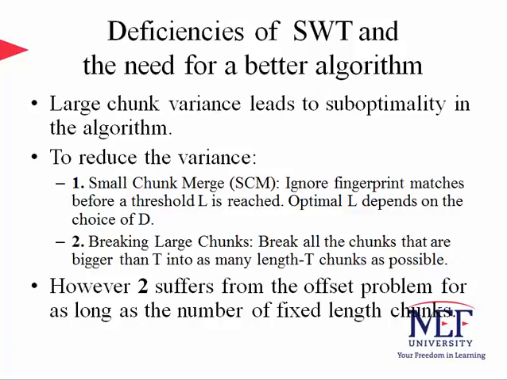The optimal L depends on the choice of V. A second and complementary approach is to break the large chunks. One way of doing it is to break all the chunks that are bigger than, let's say, t into as many length t chunks as possible. However, we notice that, similar to fixed size chunking, this method suffers from the offset problem for as long as the number of fixed length chunks.